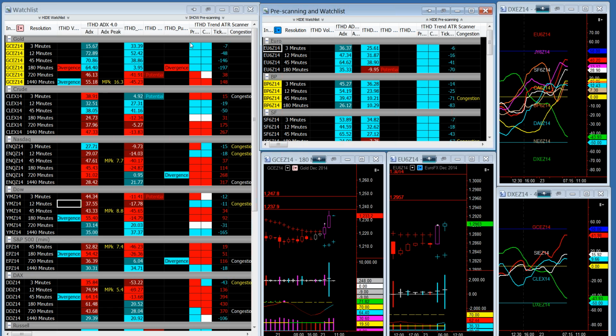Okay, the next indicator that we have is the THD pullback to the ATR divergence indicator. That, again, is available for Multicharts and TradeStation, and it tells me, as price is pulling back to the ATR, if it is registering divergence. Do I only go by that? No, I do not.